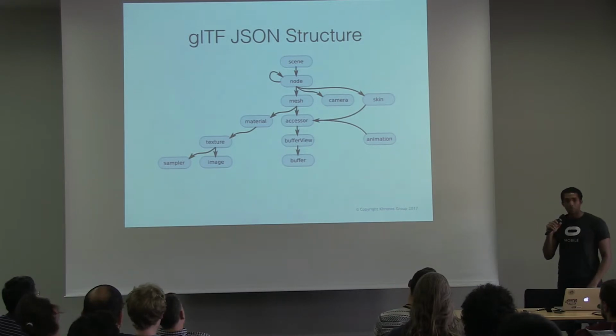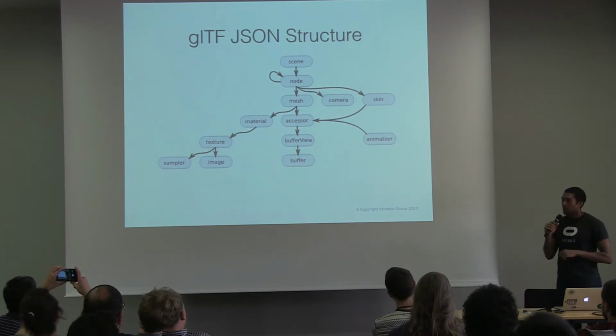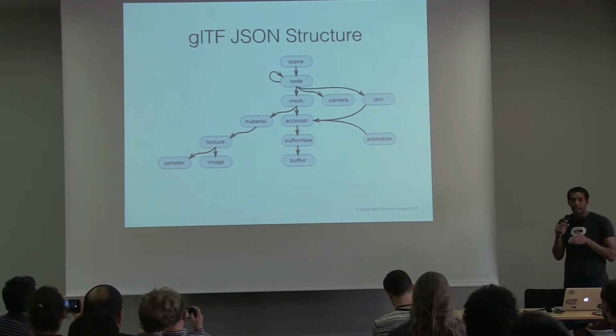There are reasons why we have this much indirection. Basically, you want to be able to have multiple meshes access the same buffer. That's key for efficiency, because if you had separate buffers for each one, there'd be redundant information, and you can't tightly pack the data.